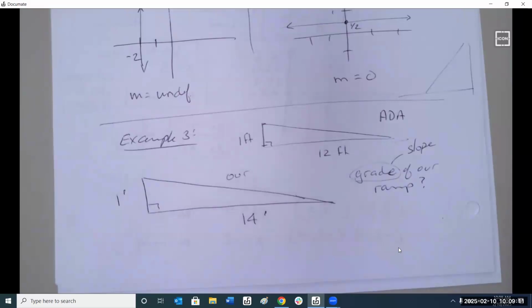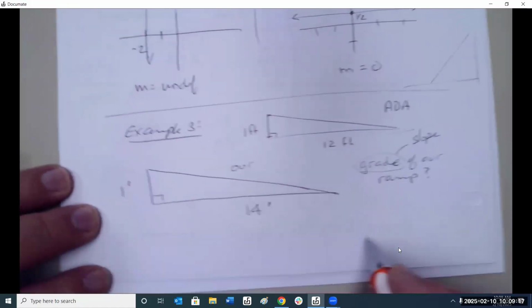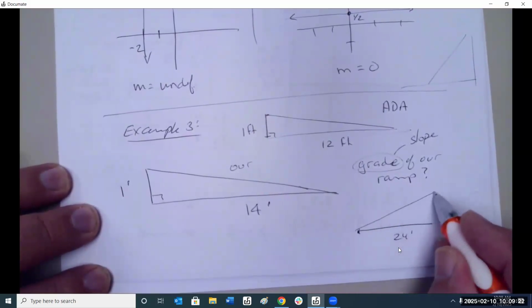So if they have 24 feet width of highway space, it's got to be at least 2 feet up. That's what your ramps are going to look like.